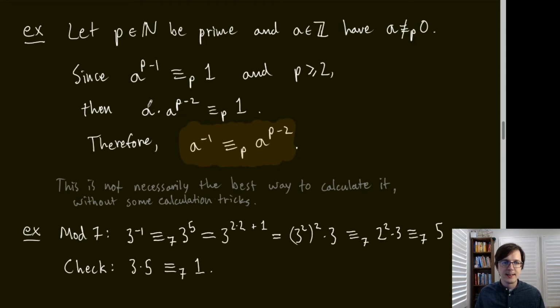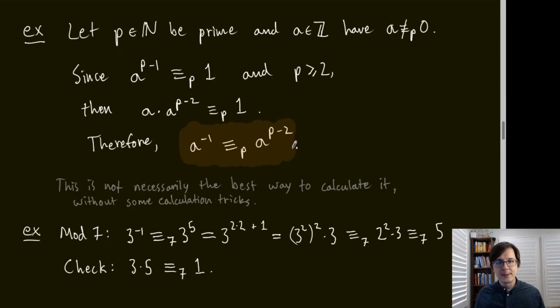And so the left-hand side is a times a to the p minus 2, which is congruent to 1 mod p. So that means that this a to the p minus 2 is the multiplicative inverse of a.